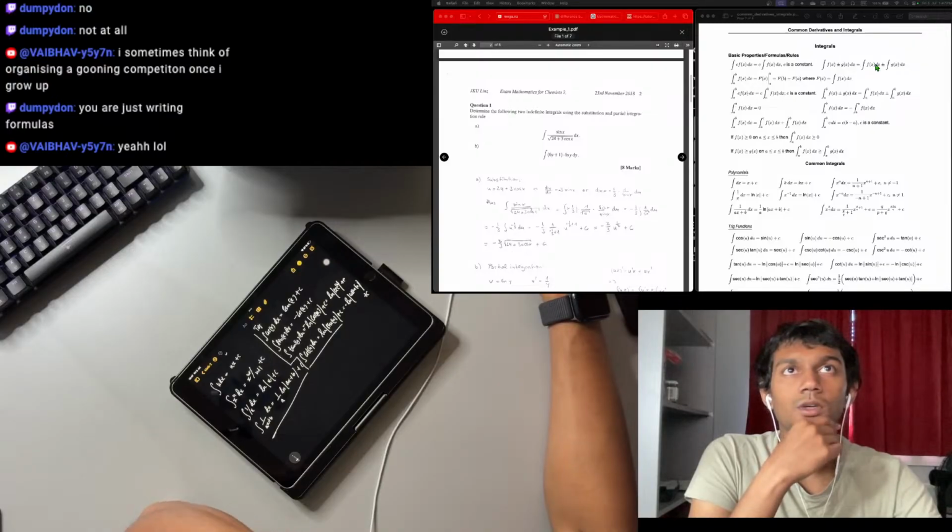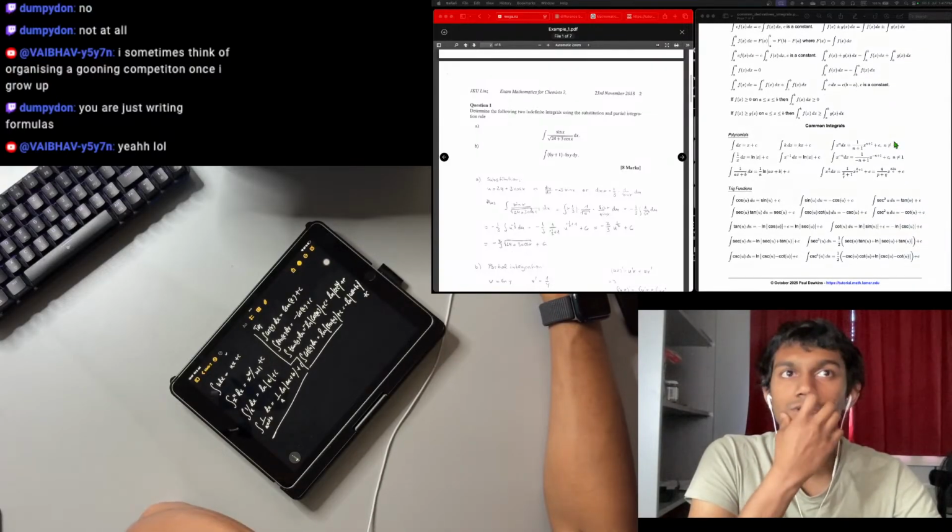Why is it always f of x? Why are there no two functions?